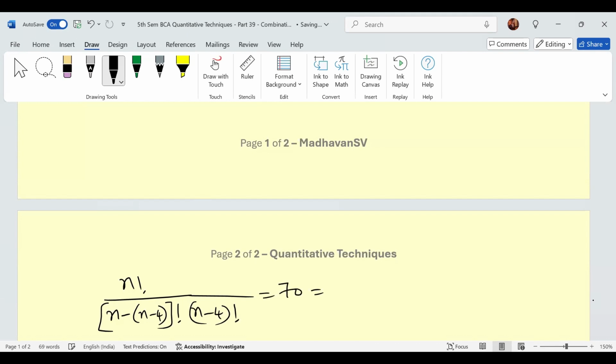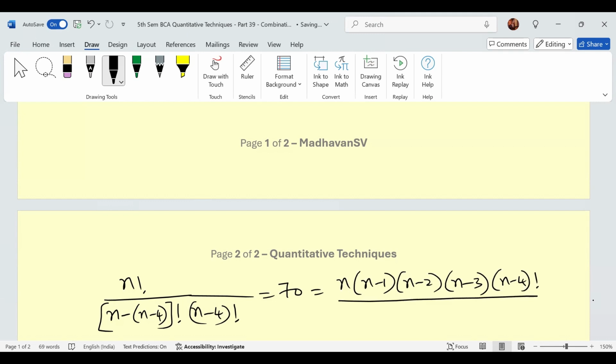Now let us expand this n factorial as n into (n minus 1) into (n minus 2) into (n minus 3) into (n minus 4) factorial, divided by n minus n, it gets cancelled, minus minus 4 becomes plus 4, so it is 4 factorial. Here it is (n minus 4) factorial.